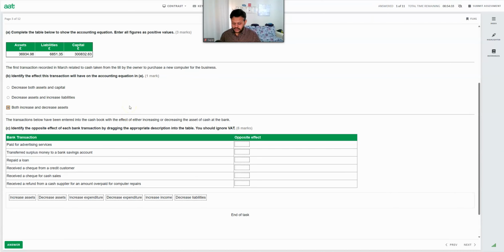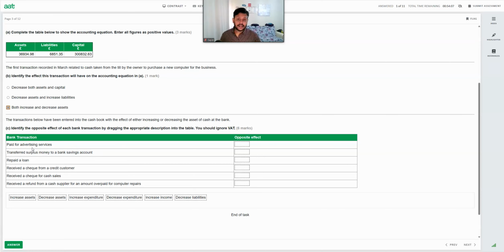All right, the next one says the transactions below have been entered into the cash book with the effect of either increasing or decreasing the asset of cash at the bank. Let's try to understand first. The first one, paid for advertising. What is advertising? First I need to categorize that. Remember that advertising is not an asset, it's expenditure.